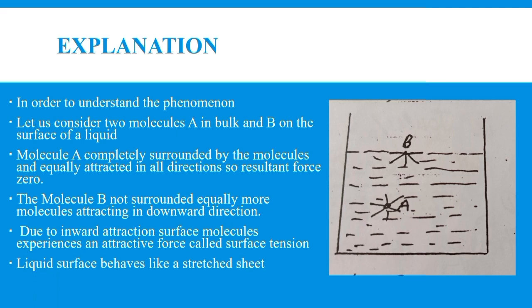The liquid surface behaves like a stretched sheet due to these forces of attraction, and this is known as surface tension. This causes the liquid surface to contract. That is why rain droplets are circular in shape.